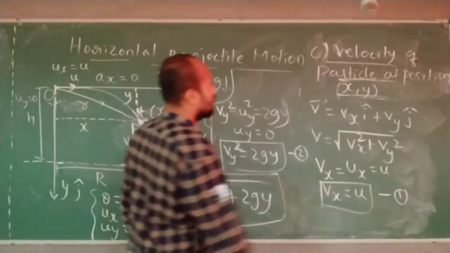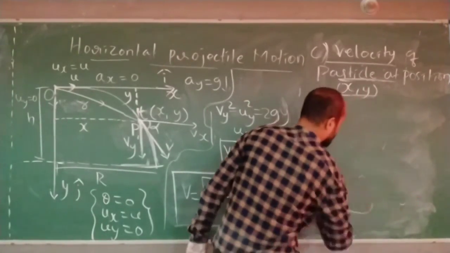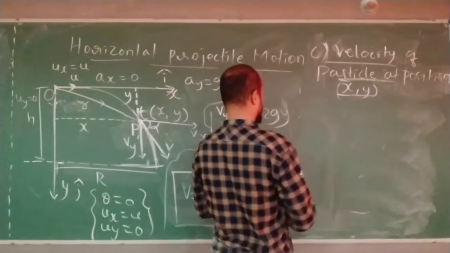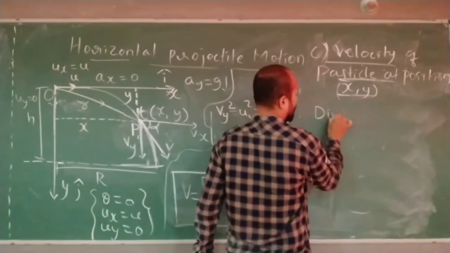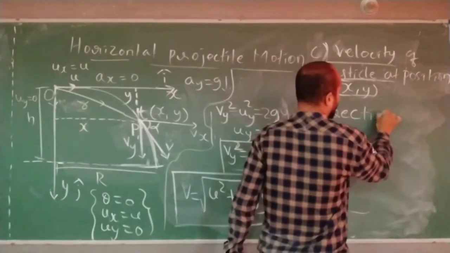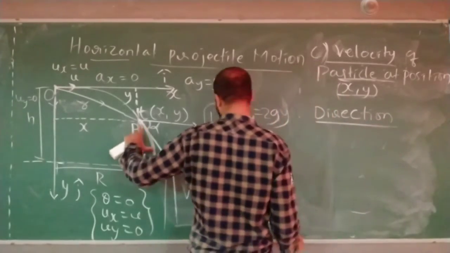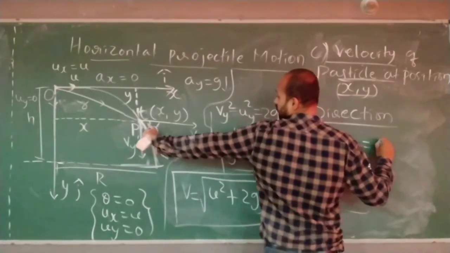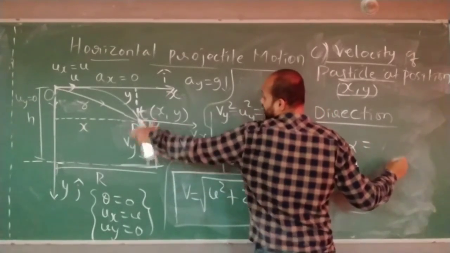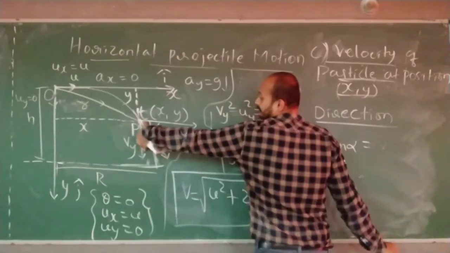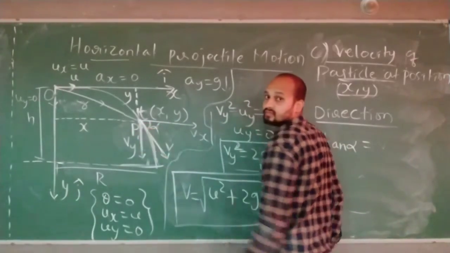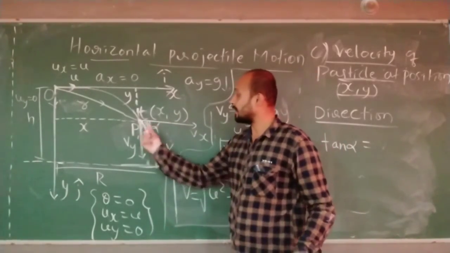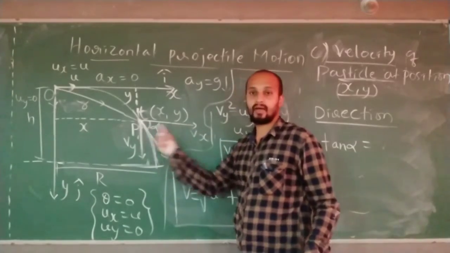This is one thing. Direction: if you want to find the direction, find it out. Direction is given by tan alpha, which is opposite by base.